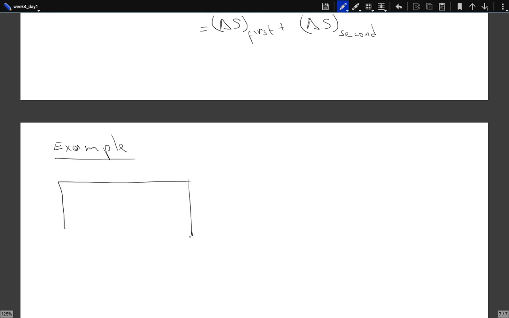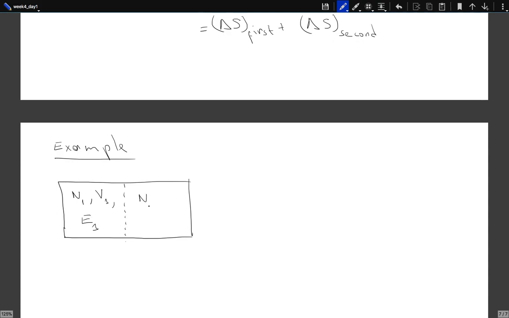Let me look at an example. Let me take two gases and divide them by a compartment. Here on the left-hand side, I have N1 molecules of gas in a volume V1, and they have an energy E1.